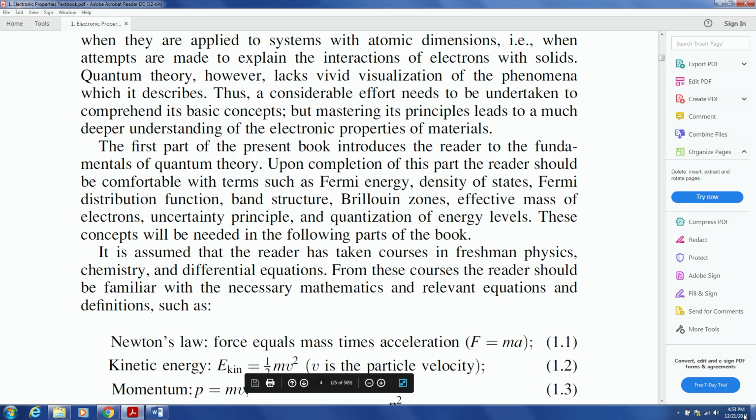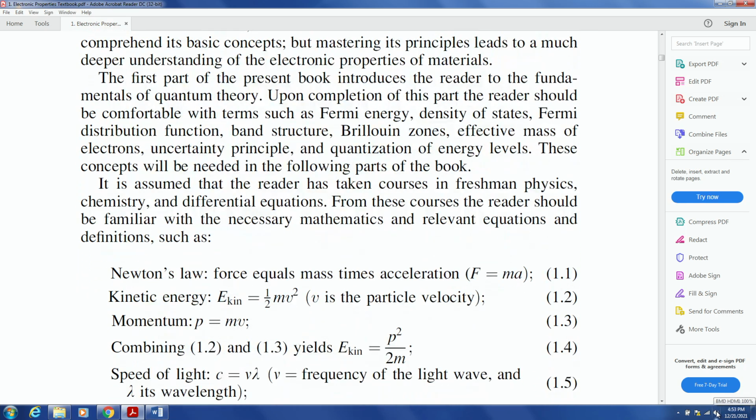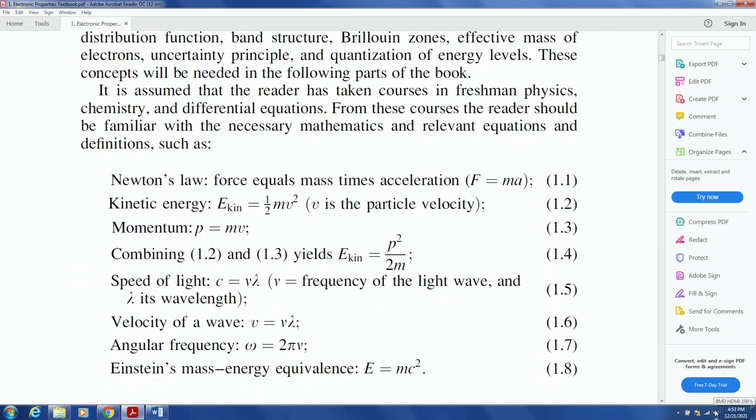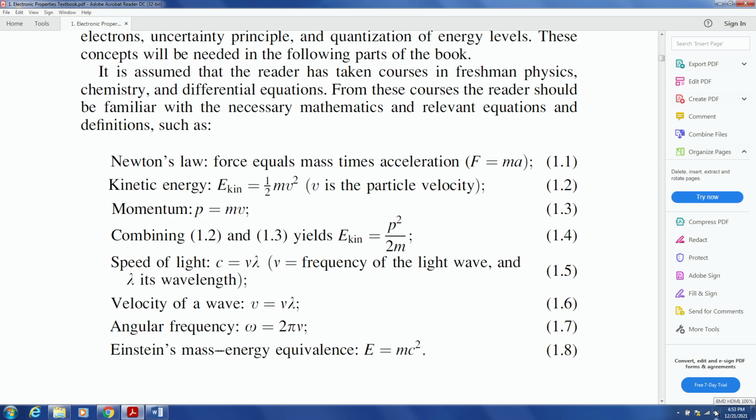And the course assumes that the real book, the printed book, and the video book assume that you understand these simple basic ideas: Newton's law, kinetic energy, momentum, speed of light, velocity of a wave, angular frequency, and Einstein's E equals mc squared.